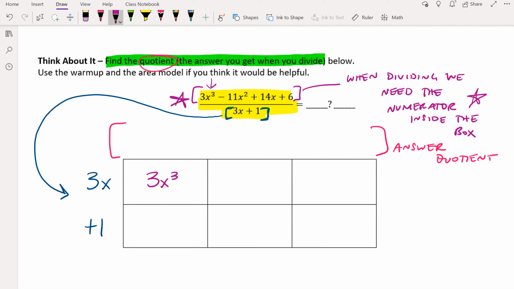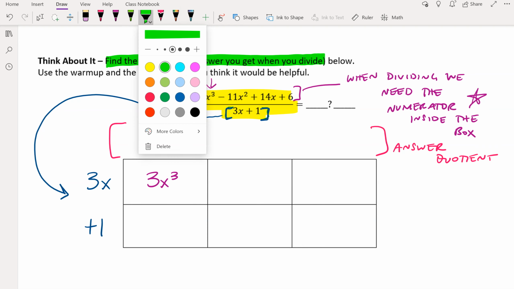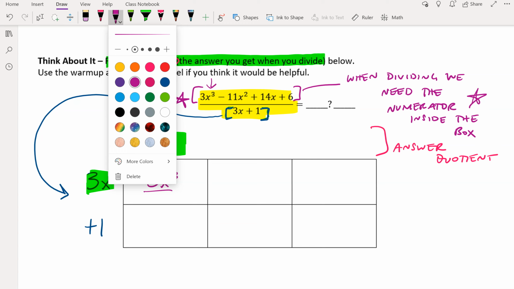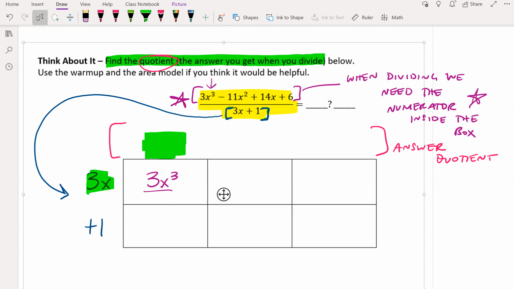We say, okay, 3x times what gives me 3x cubed? So we're trying to fill out the outside of the box, and that will be our answer. 3x times x squared.